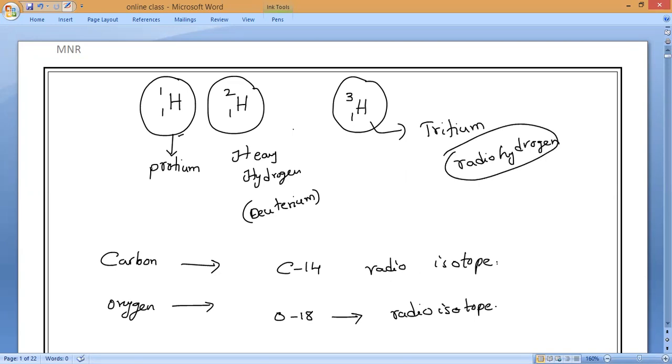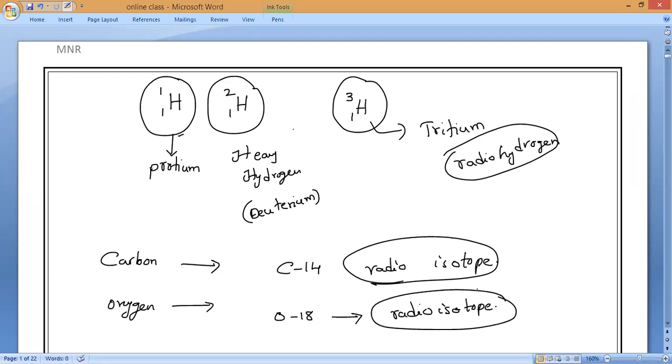Now, if you have noticed, we have plenty of applications with these radioisotopes. Before going to study the importance of these radioisotopes, we must study what is radioactivity. Then only we will learn this importance. Of course, this is also there in your NCERT, you might have studied it after isotopes, applications of isotopes.